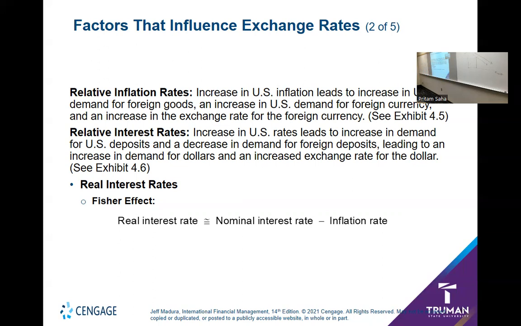Because if UK people demand less dollar, they will supply less pound, right? Decrease the supply, increase the demand. So what is the offsetting result? Spot rate went up. Make sense?